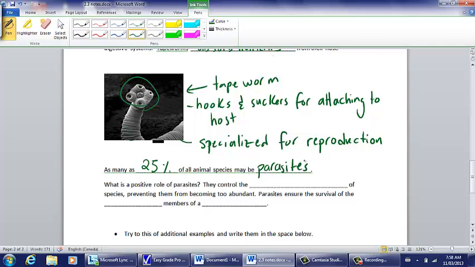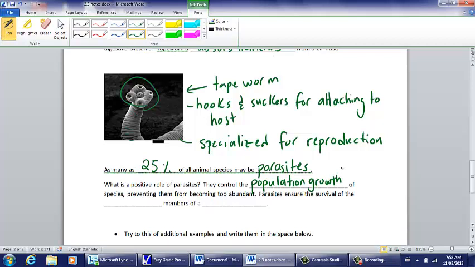How can there be so many parasites? What's a possible positive role of parasites? Well, one thing they do is they control the population growth of a species, preventing that species from becoming too abundant.